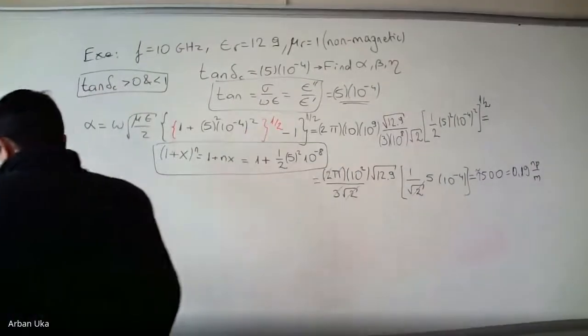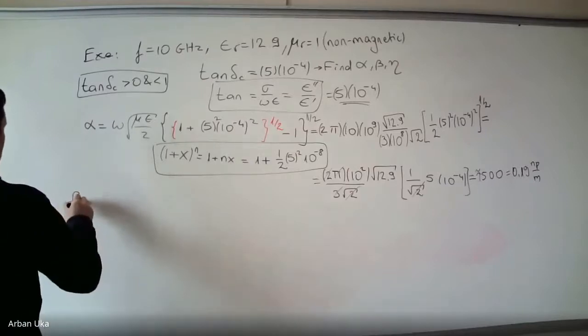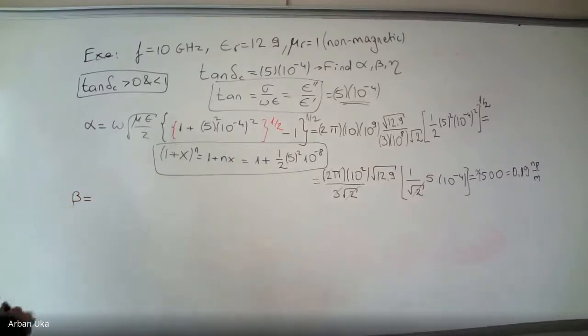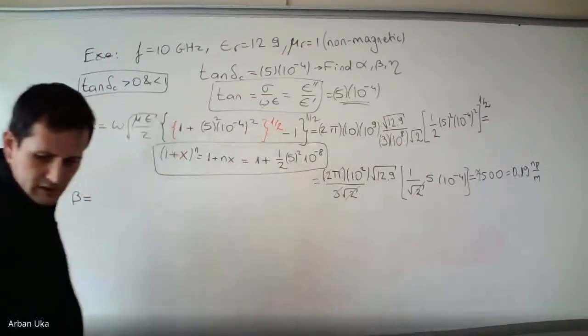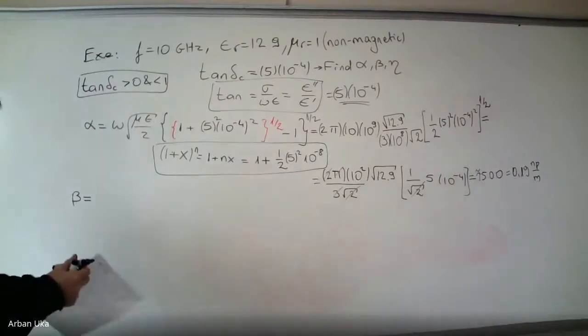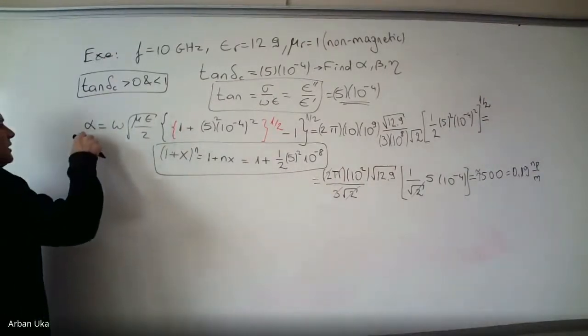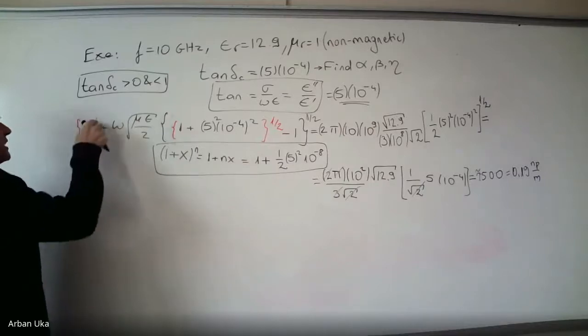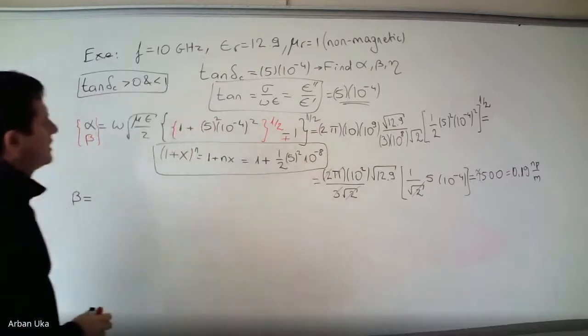Okay, so we found the alpha. Now that we have the alpha, we can also calculate beta. And beta is equal to, now this beta, we can apply the same expression, but let's not forget, let me write here in red. So if this was beta, because beta and alpha, the only difference is that here we get a plus 1, okay?